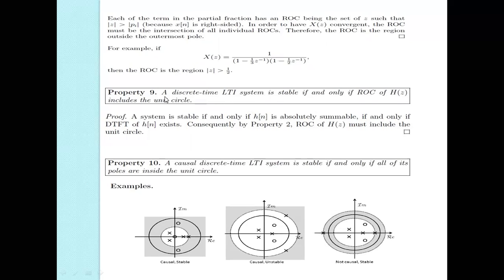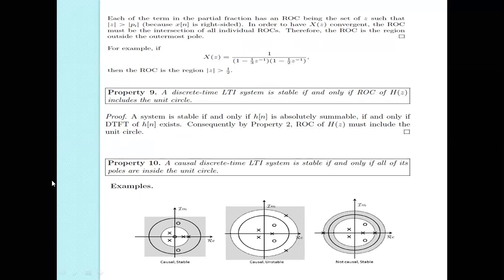And the ninth property says that a discrete time linear time invariant system is stable if and only if the ROC of H(z) includes the unit circle. The system is stable if and only if h[n] is absolutely summable, if and only if the discrete time Fourier transform of h[n] exists. Consequently, by property 2, the ROC of H(z) must include the unit circle.